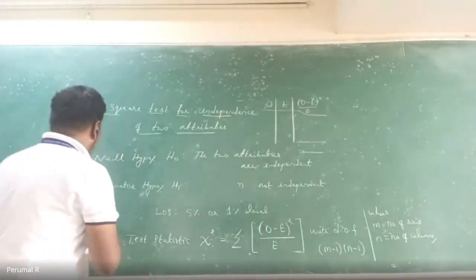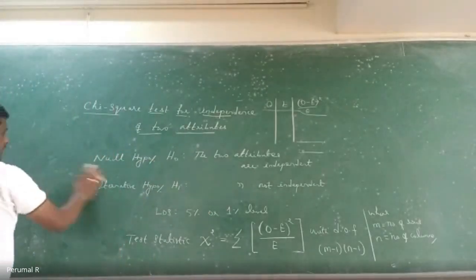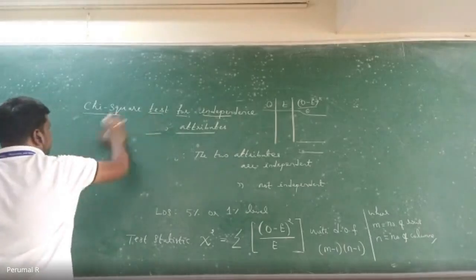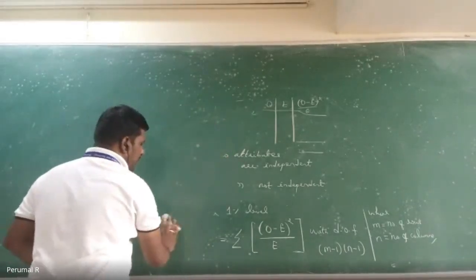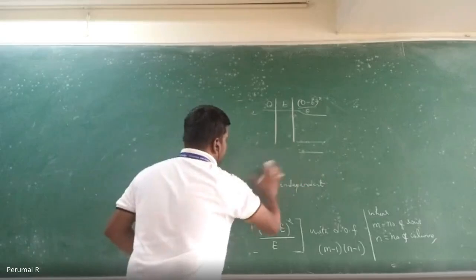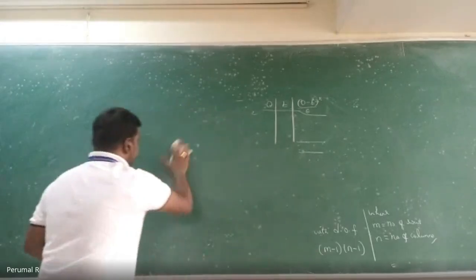But here one shortcut is there that I will explain. In most of the problems, only 2 rows and 2 columns are given. At that time we can compute in the shortcut way.